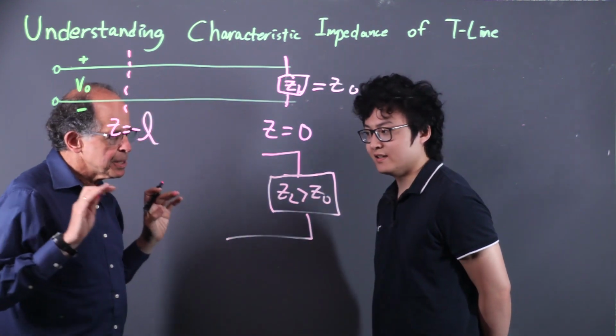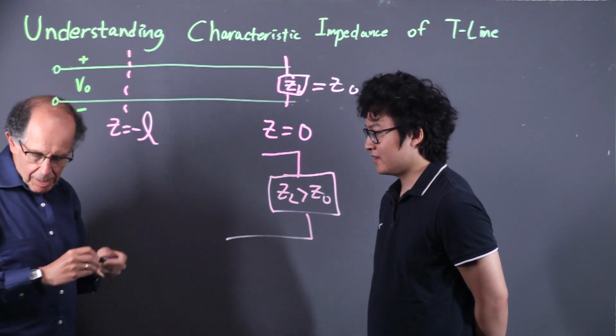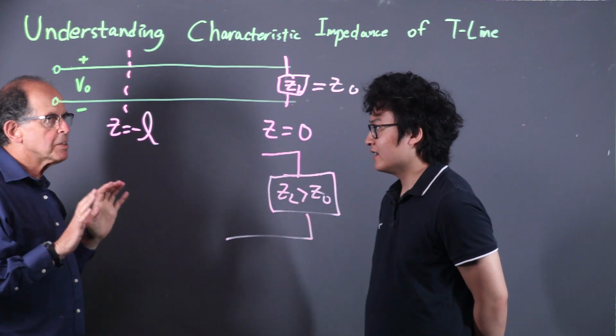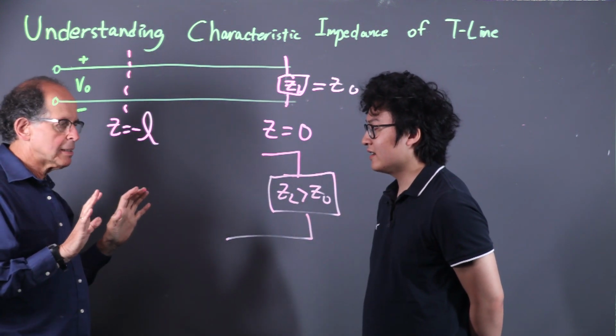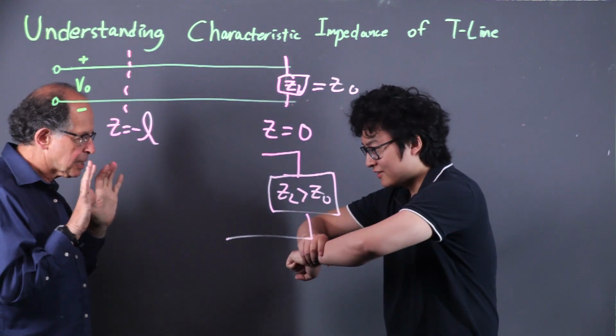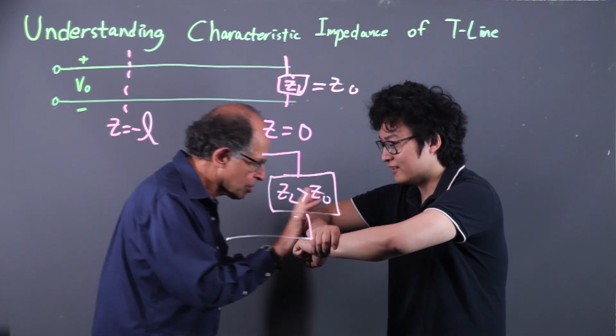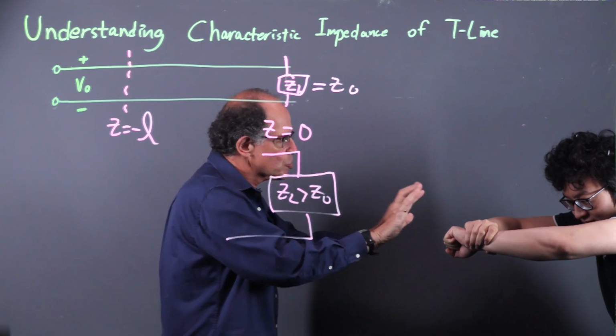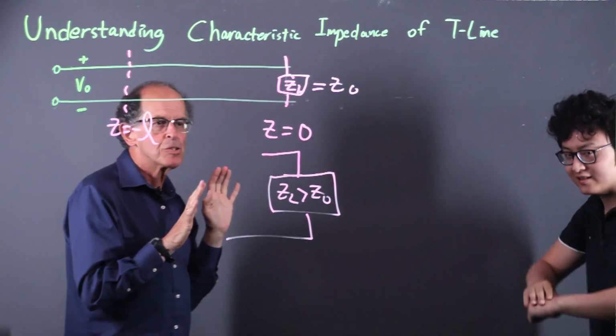So I'm going to be feeling Z naught all the time. So I'm stiffer than the line itself. So he's stiffer, he's bigger than Z naught, and I'm a wave, I'm pushing against Z naught, I'm pushing it, but Sam isn't moving, so it's stiffer. And notice what happened when I pushed, I bounced back.